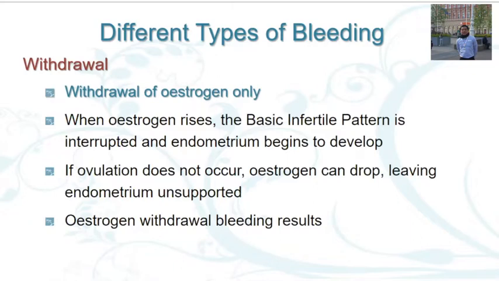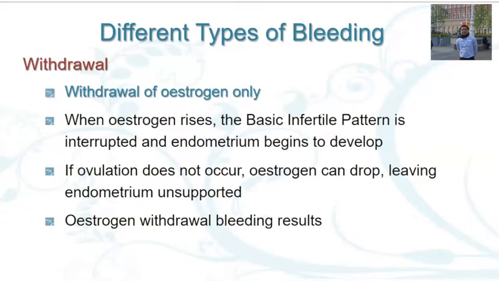If ovulation does not occur, it means estrogen did not reach the highest point. Look at the third bullet point. If ovulation does not occur, it means mucus did not end with a slippery sensation. If mucus does not end in slippery, it means estrogen drops. And then what will happen to the lining? The lining of the endometrium will be unsupported.